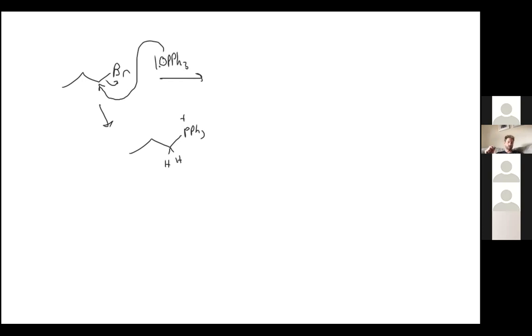From here, we can throw in a really strong base, which is going to be n-butyllithium. This is essentially just carbon as a base. It's going to immediately pull off one of these protons and give us what's referred to as a ylid. Why they picked that word, I have no idea.